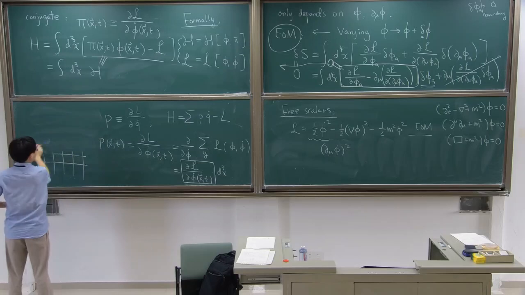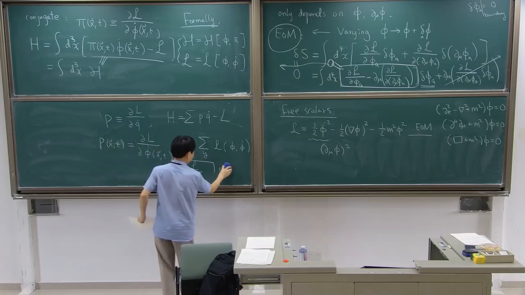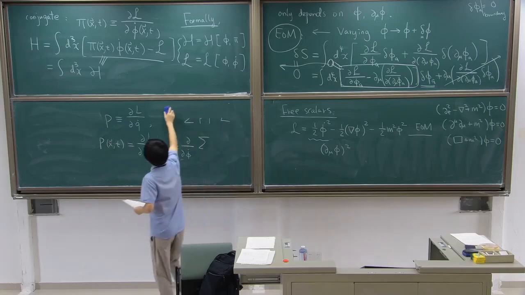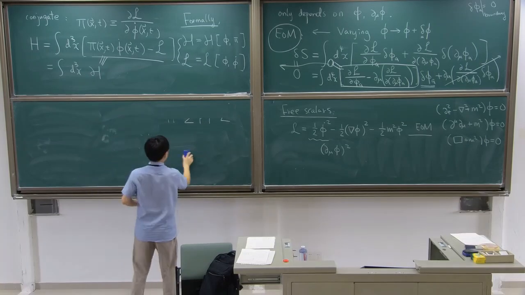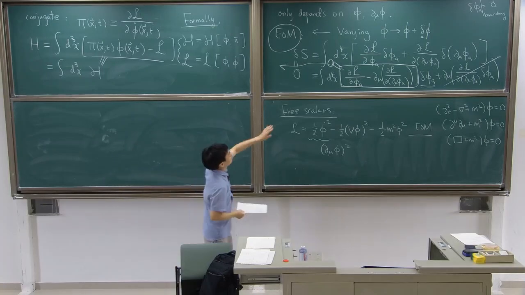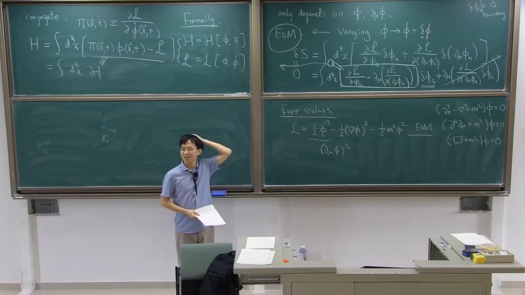Some detailed discussion again of how to construct a reasonable theory. We just mentioned a few things, like the theory now depends on phi dot, a double dot.